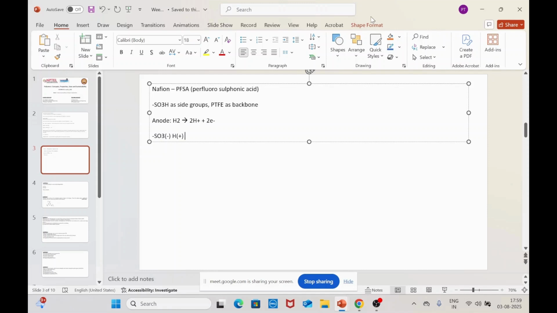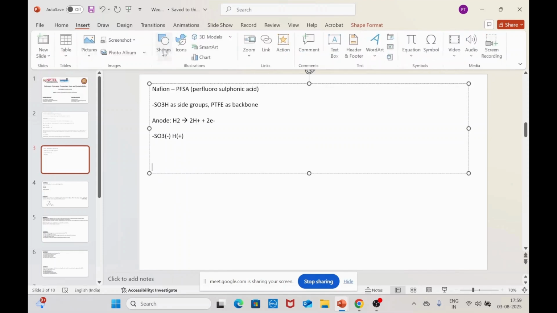So this H plus that gets generated at the anode goes and interacts with this SO3 minus and H plus, and knocks out this H plus ion from the site, and then occupies that particular place. This H plus ion that gets knocked out from this SO3H group goes and interacts with another SO3H group and knocks out that ion from there. Like that it keeps happening until it reaches the other end of the membrane.